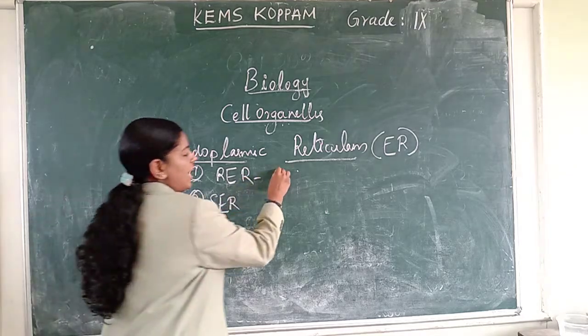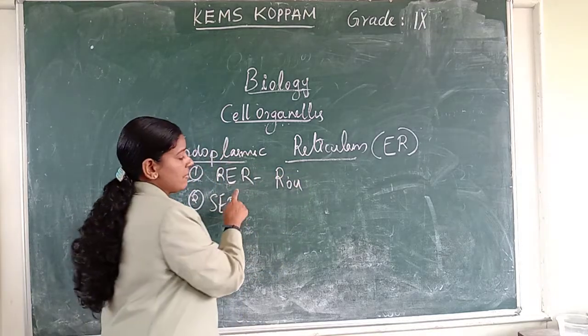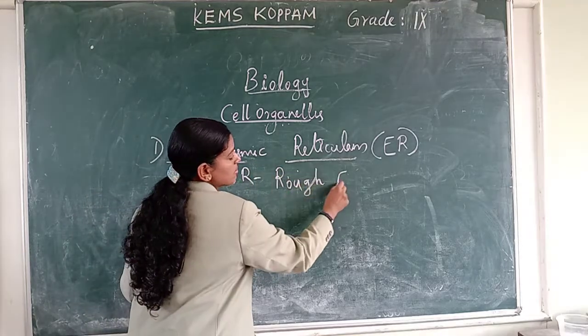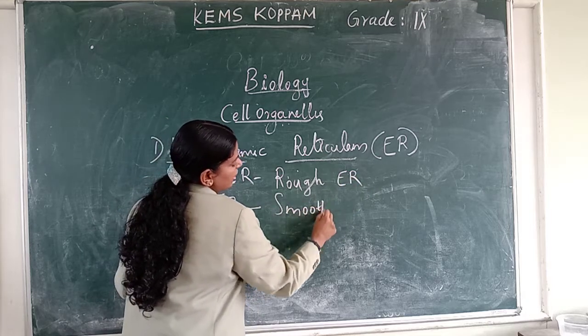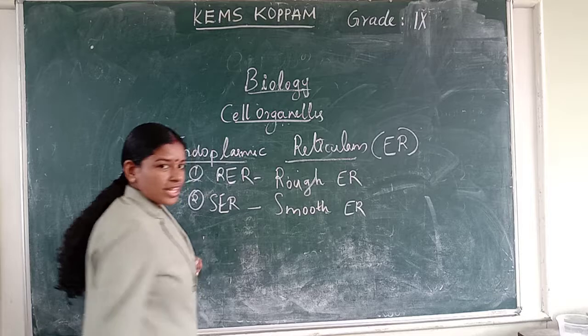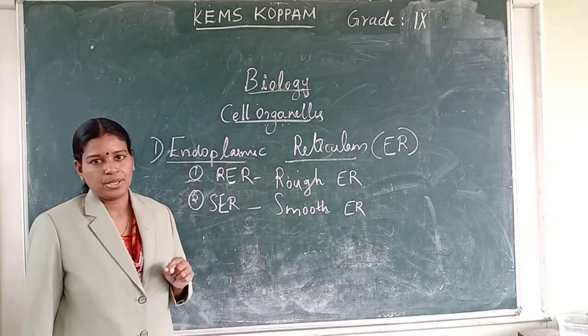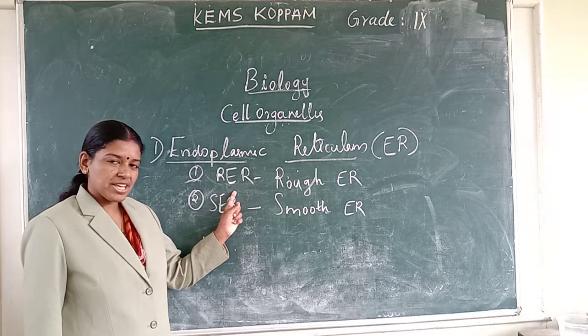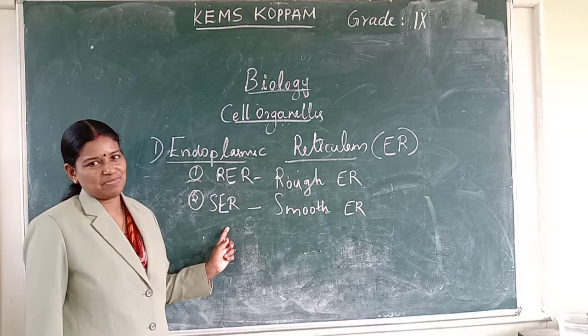So these are the two types of endoplasmic reticulum: rough endoplasmic reticulum and smooth endoplasmic reticulum.